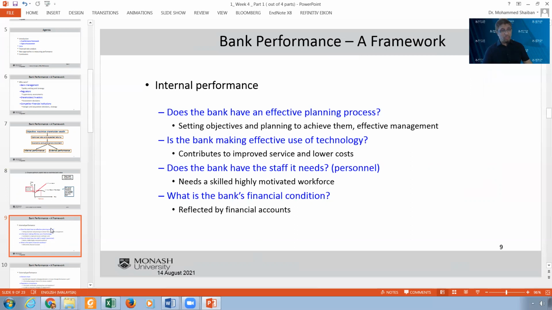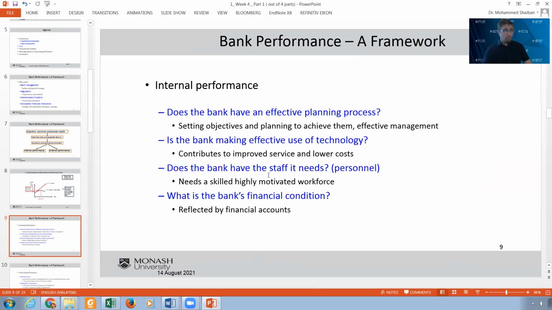It is very important for the products, very important for the return, very important for everything. Also, we want to see whether we have enough right and skilled people.